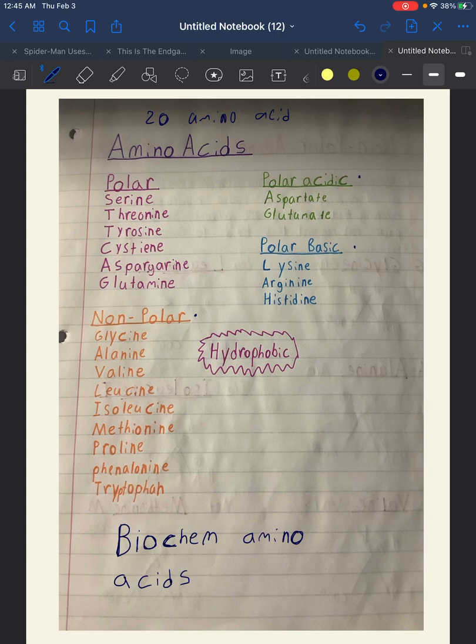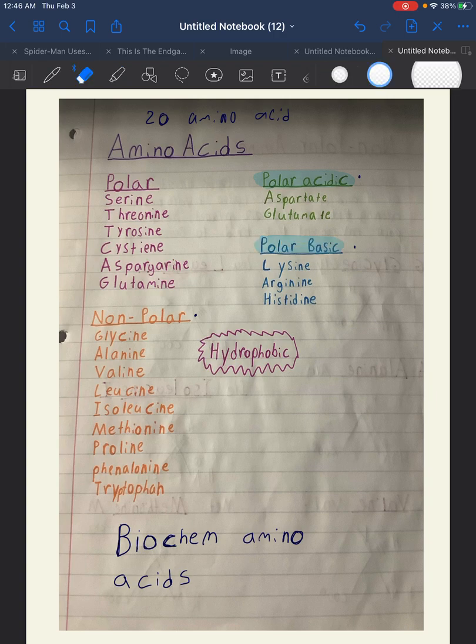There are polar amino acids, nonpolar amino acids, basic amino acids, and acidic amino acids. The acidic amino acids you need to know are aspartate and glutamate. And we'll look at the structure here in a little bit. The basic amino acids you need to know are lysine, arginine, and histidine.